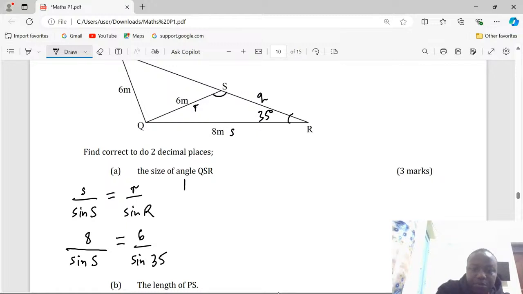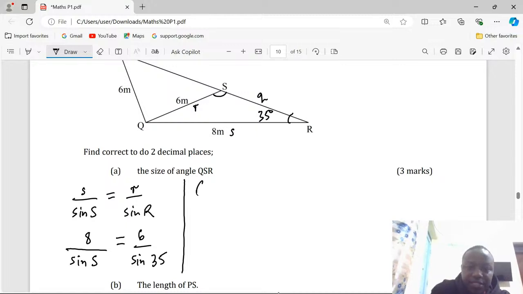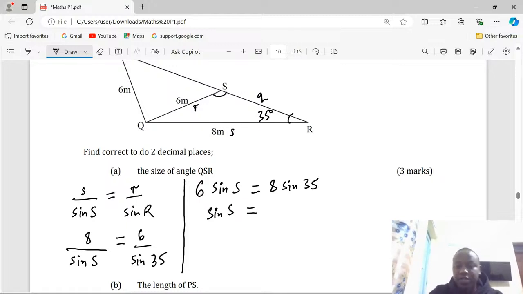Therefore, at this point, after cross multiplication, 6 multiplied by the sine of S equals 8 multiplied by the sine of 35. To remain with the sine of S, we need to take 8 sine 35 divided by 6.